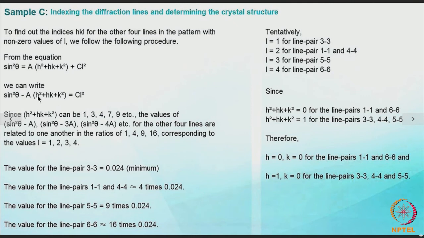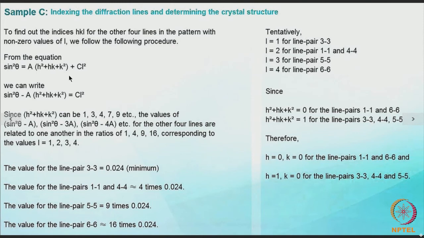Now, we know that h square plus hk plus k square can have values of 1, 3, 4, 7, 9, etc. So, for the other 4 lines, if we subtract a into 1, a into 3, a into 4, a into 7, a into 9 from the corresponding sin square theta values, then the values so obtained should be in the ratio of 1, 4, 9, 16, etc., because L can assume values of 1, 2, 3, 4, etc.